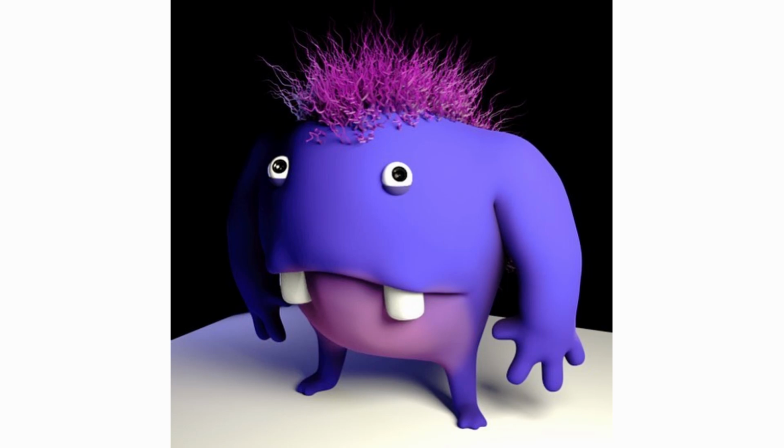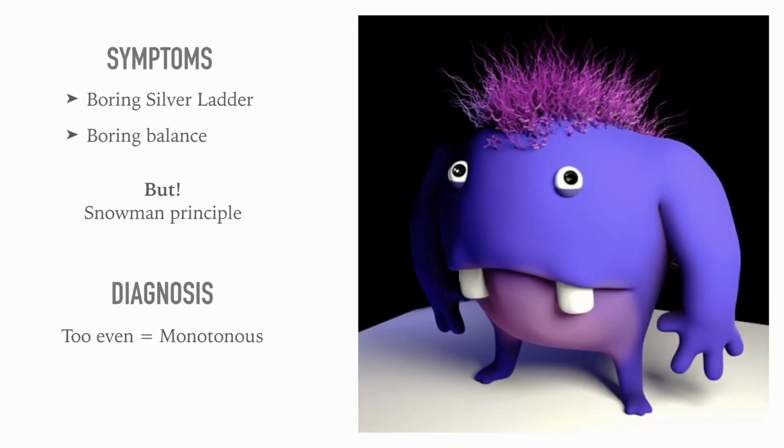So this is the first character that we are going to work with. And the symptoms of what is not working is a boring silver ladder, boring balance, but something that is working is that we have the snowman principle. Let me show you why this is a boring silver ladder.